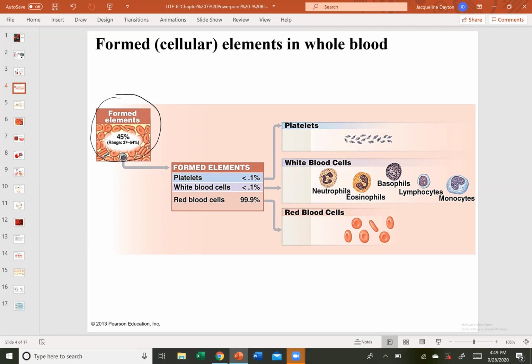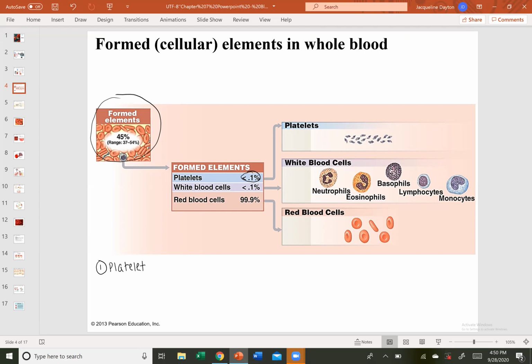So what is included as part of our formed elements? The first type of formed element we have is called a platelet, okay? A platelet only really accounts for less than 1% of our total cellular or formed elements.